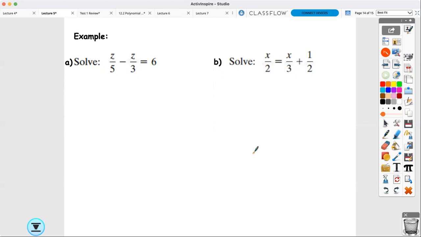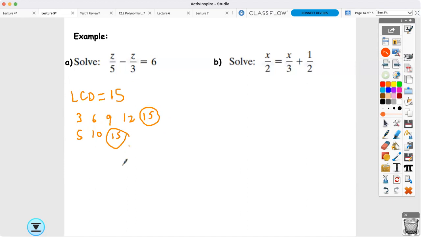All right, let's look at example A. Z over 5 minus Z over 3 equals 6. Our job is to find the LCD for 3 and 5. 3, 6, 9, 12, 15. 5, 10, 15.